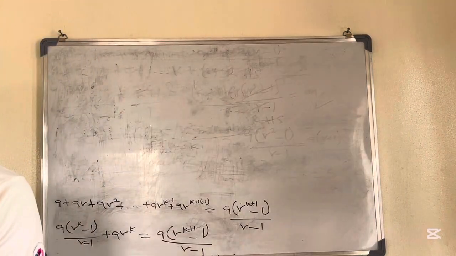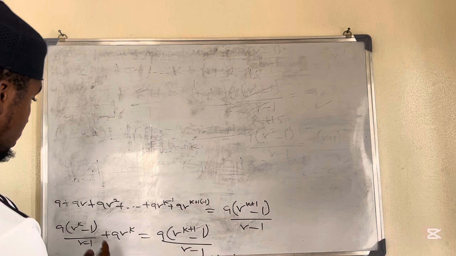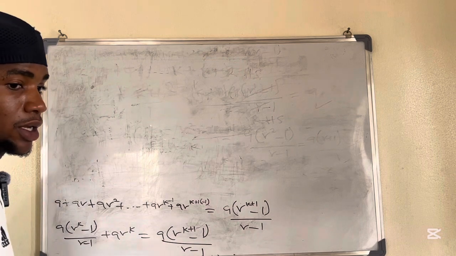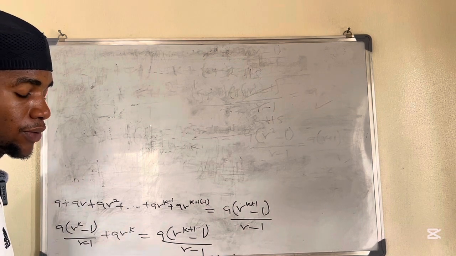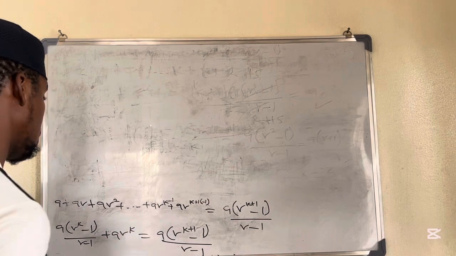So now we're just going to prove that the left hand side is equal to the right hand side for n equals to k plus 1.